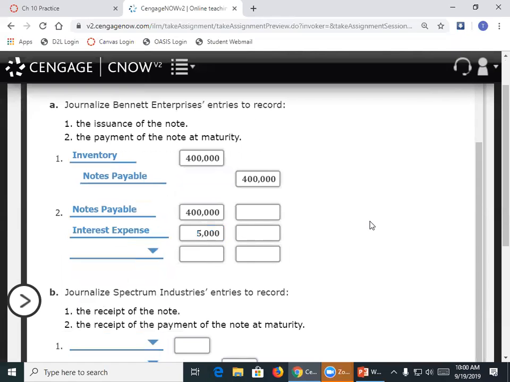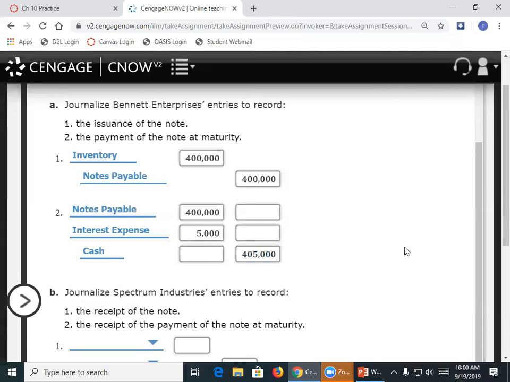And then what do I credit? The total. Good. Cash. Perfect. So I add it together, and I credit that amount, 405,000, to cash. So that's from Bennett Enterprises. We're the issuer or the debtor in this case. We owe the money.